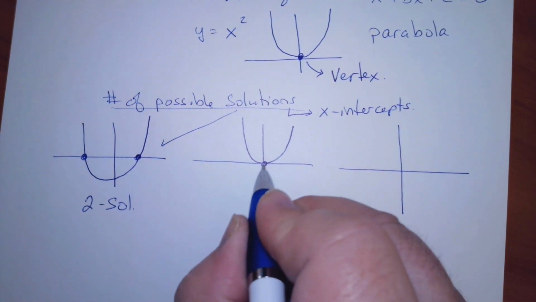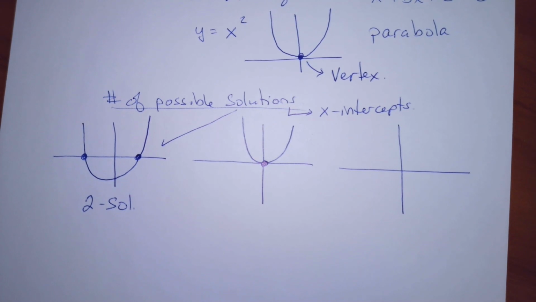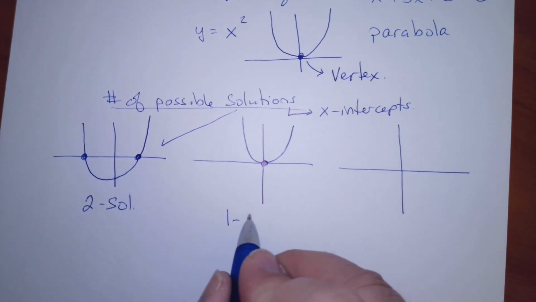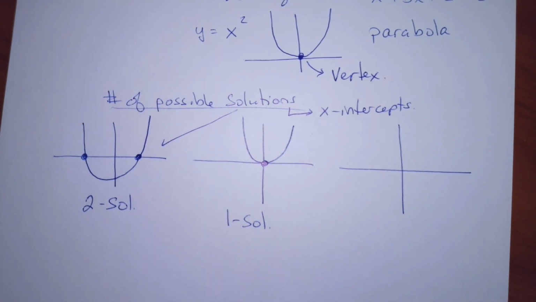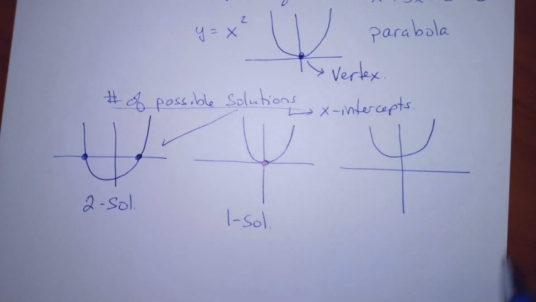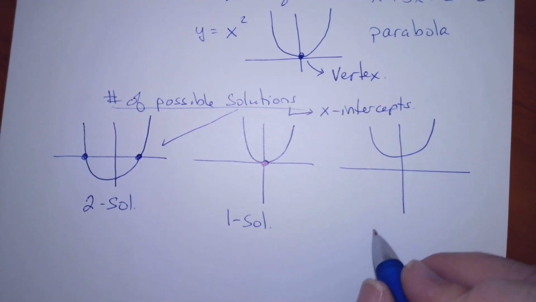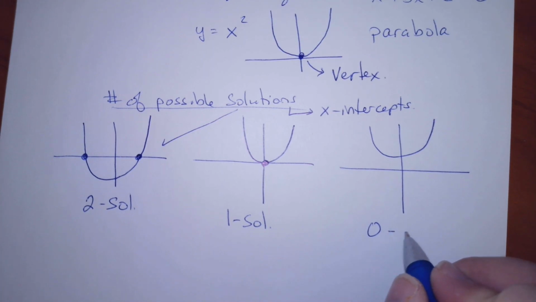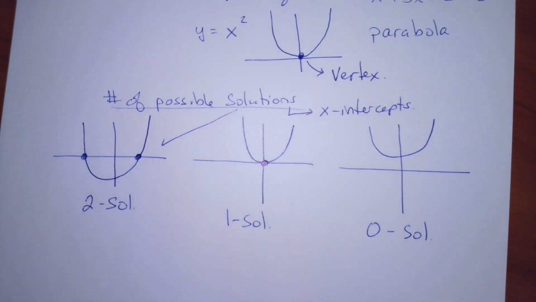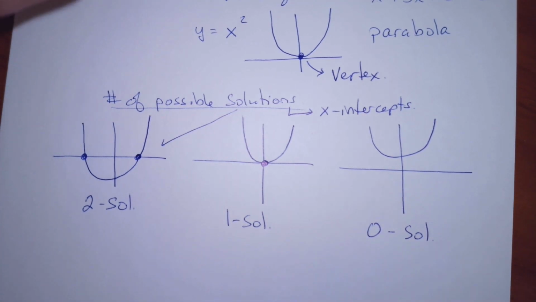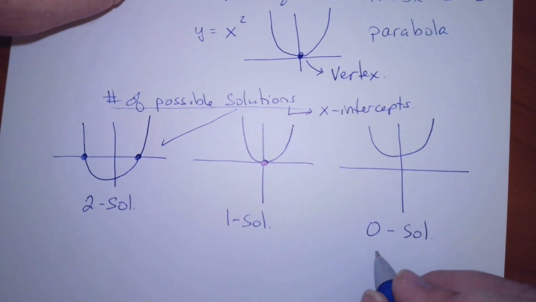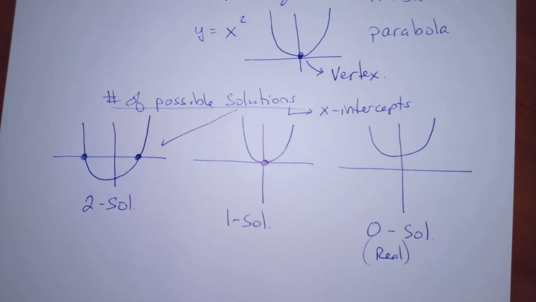It can only touch the x-axis in one place. That means we have only one solution. Or it could be off the x-axis. We have no solutions. Okay, let me back that up. We'll have no real solutions. We can have imaginary answers.